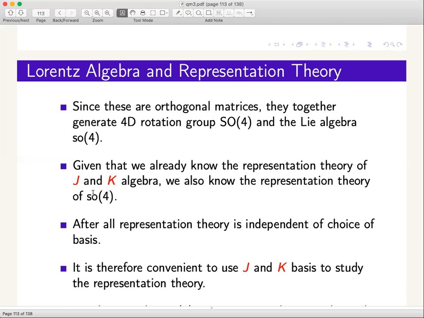So small so4 algebra is the same as su2 plus su2 algebra. One thing we have just learned without doing much exercise is that one particular Lie group, namely SO4, is nothing but just 2 copies of SU2 algebras. So this is what I said, that the representations are independent of the choice of basis.